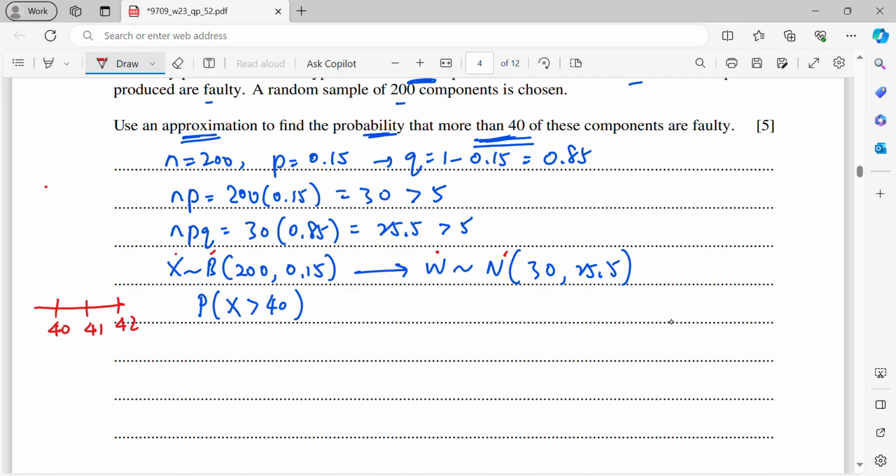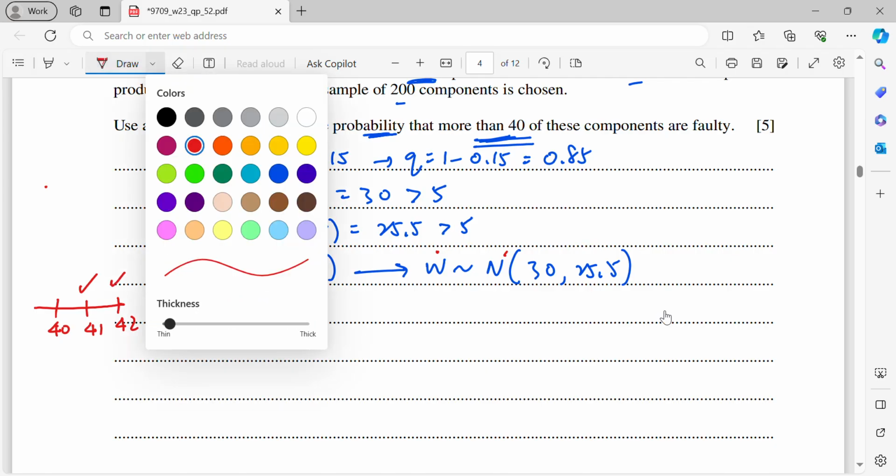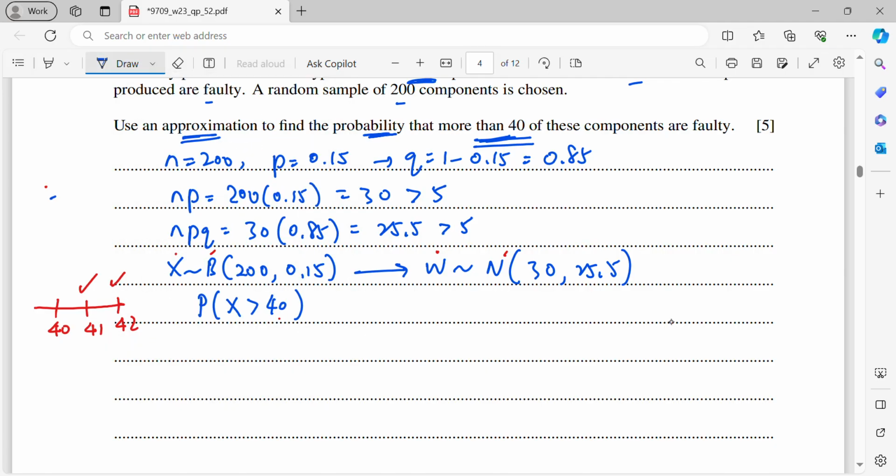So when X is greater than 40, it will be 41, 42, and so on. So then we have to plus or minus 0.5 from the 40. Okay, so here either you minus 0.5 from 40 to get 39.5, or you plus 0.5 from 40 to get 40.5. So now you change your X to W, remain the inequality sign which is greater than.